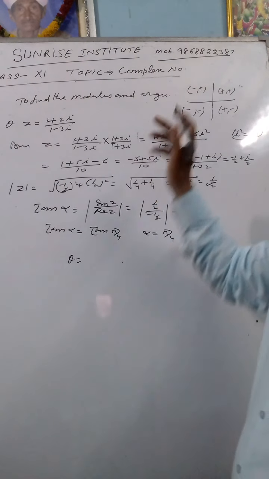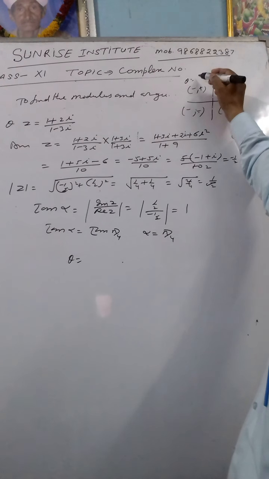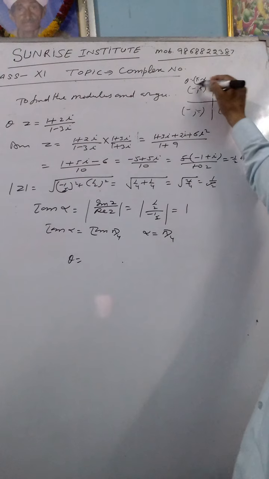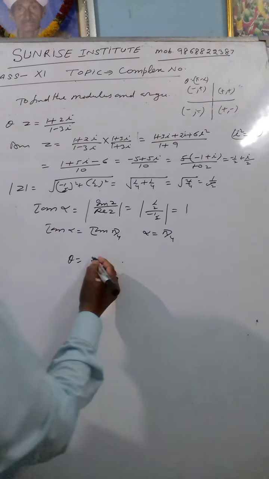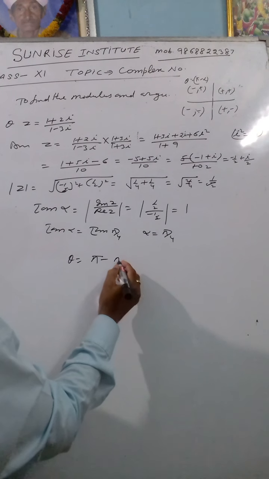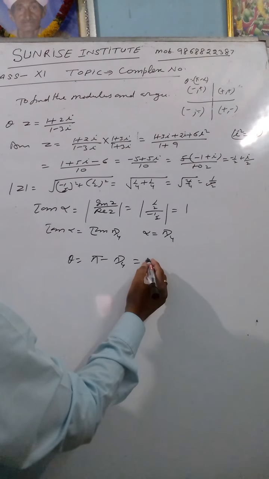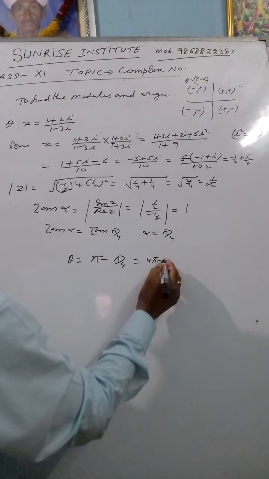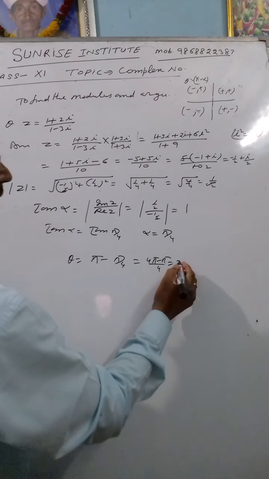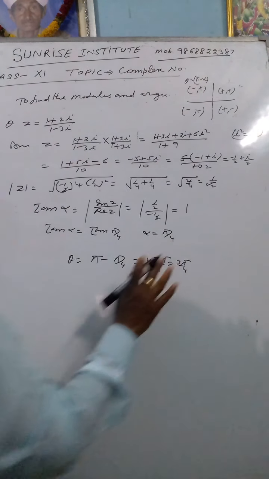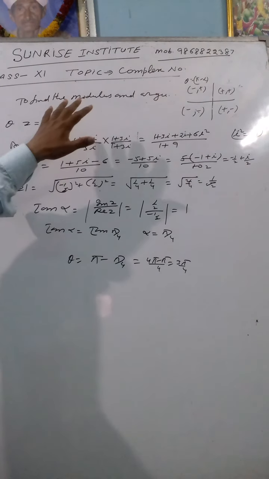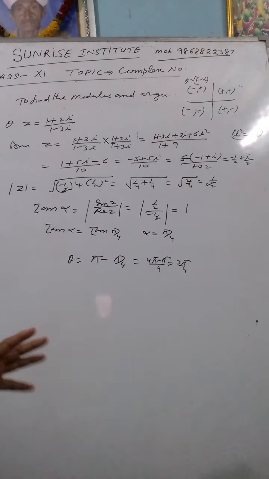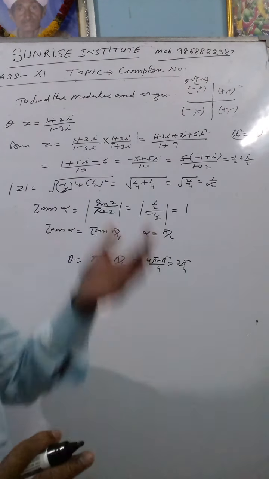In the second quadrant, theta equal to pi minus alpha. Then theta equal to pi minus pi by 4, that is 3 pi by 4. That is your answer.